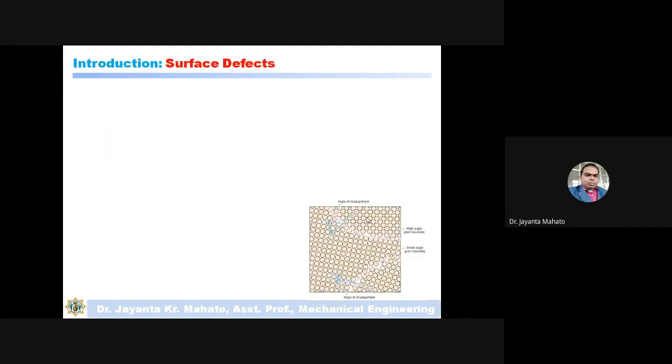So surface defects. Surface defects in the crystal structure form due to misorientation of crystals, or misorientation of the regular arrangement of a plane of atoms.